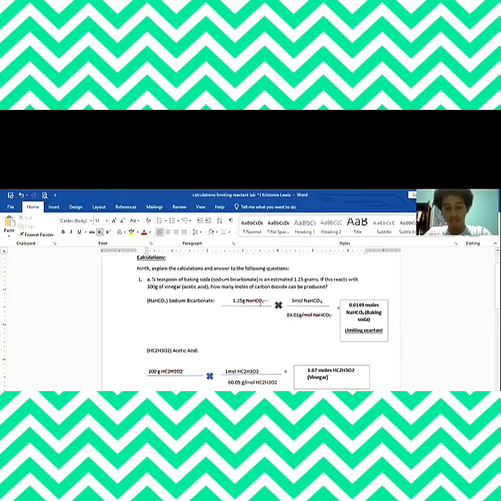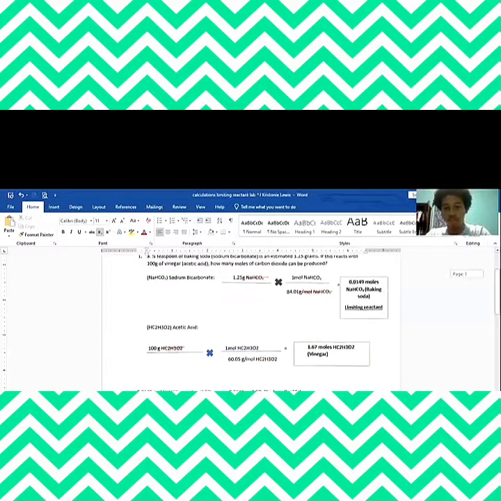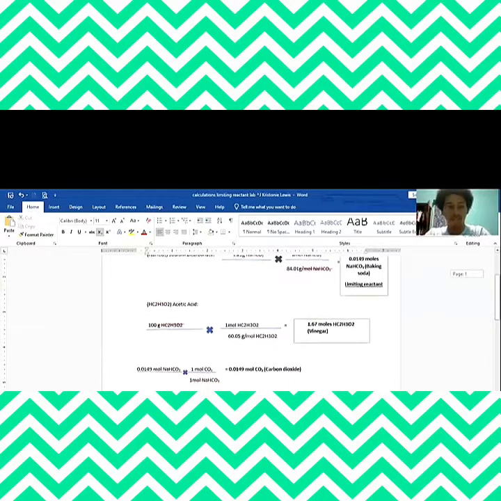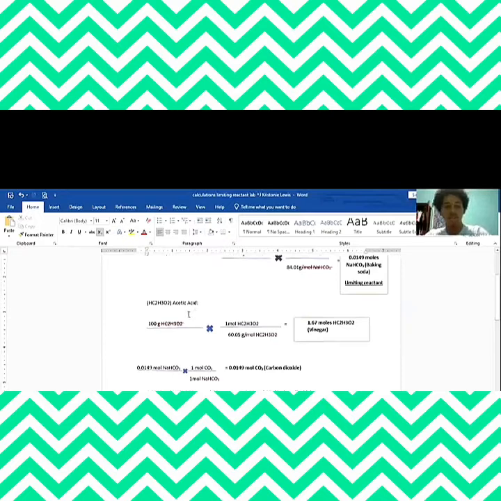And then the grams and grams of sodium bicarbonate cross out, and when multiplied and divided, this gives you 0.0149 moles of sodium bicarbonate, which is the limiting reactant, which we will get to very shortly, why it's the limiting reactant or reagent.